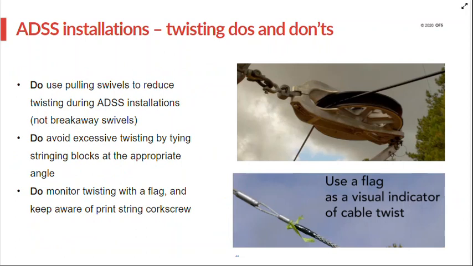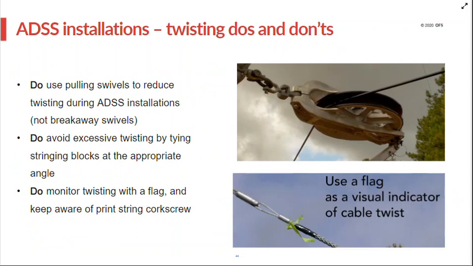Another thing to focus on with ADSS is twisting. Do use pulling swivels to reduce twisting during ADSS installations, but again, as Howard mentioned, not breakaway swivels. We don't want cables to break when they're being deployed and fall onto a road or into traffic.